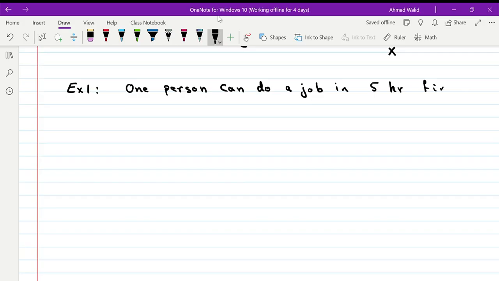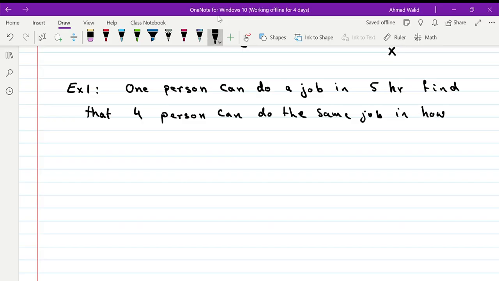Find that 4 persons can do the same job in how many hours, correct?